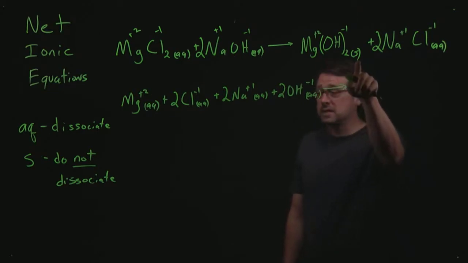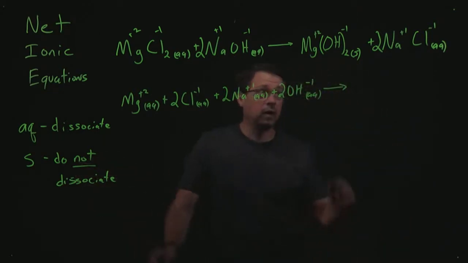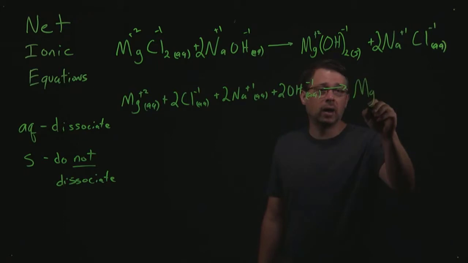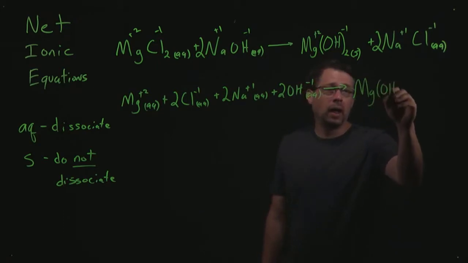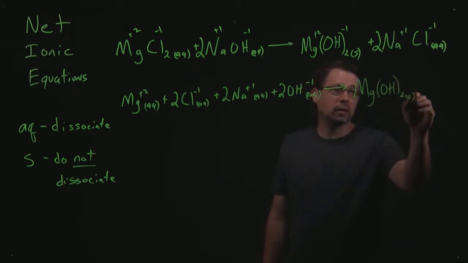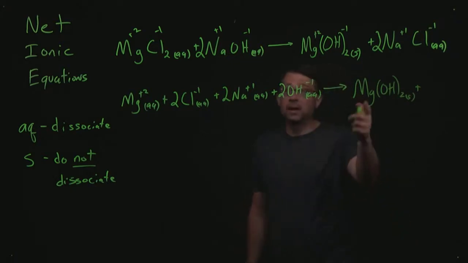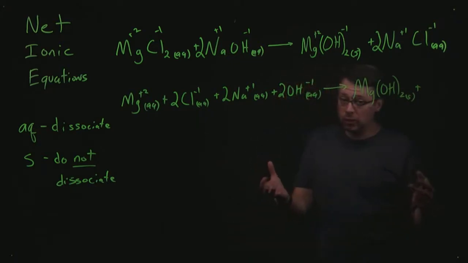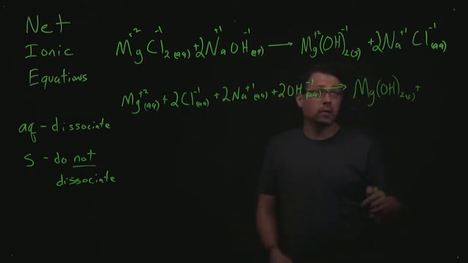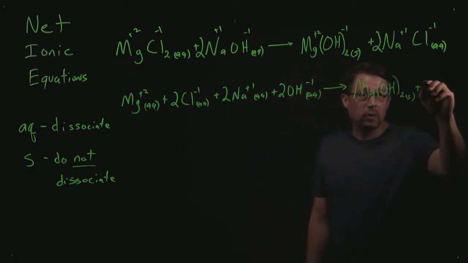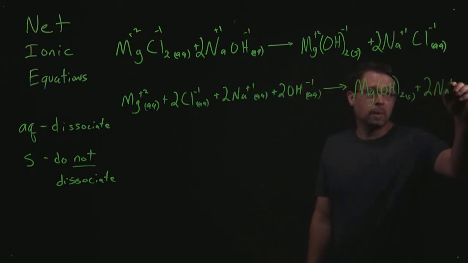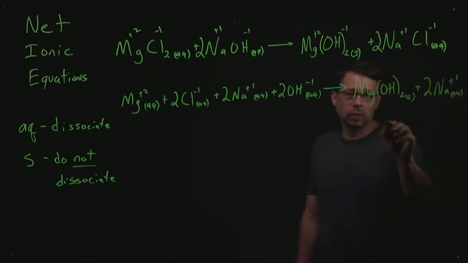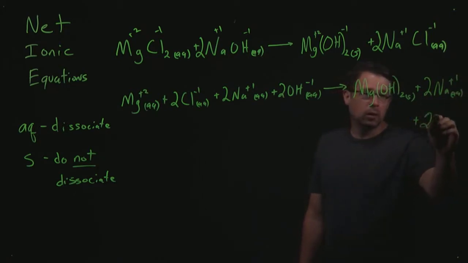Now, if it's a solid, it means it doesn't dissociate. So I'm going to leave magnesium hydroxide as it is written with a solid next to it. And we just got done talking about, you know, you've added salt to water before, it breaks up into its ions. And so I'm going to do 2 sodium ions. I'm going to put aqueous next to it, and I'm running out of room, so I'm going to put the 2 chloride ions underneath it. Okay?